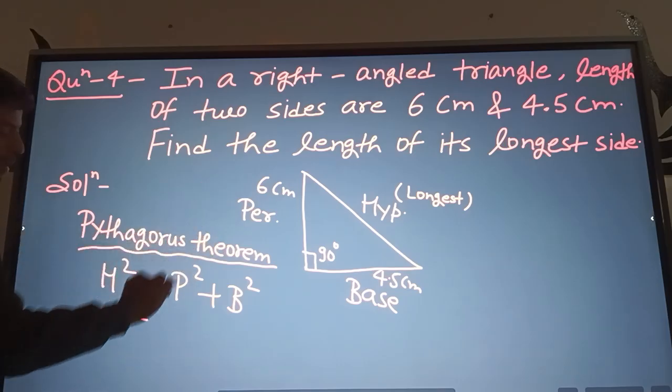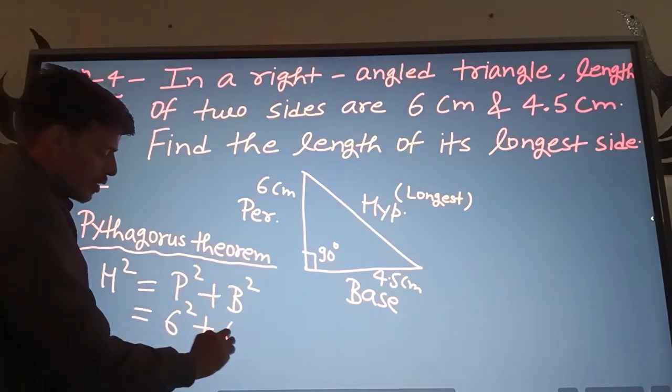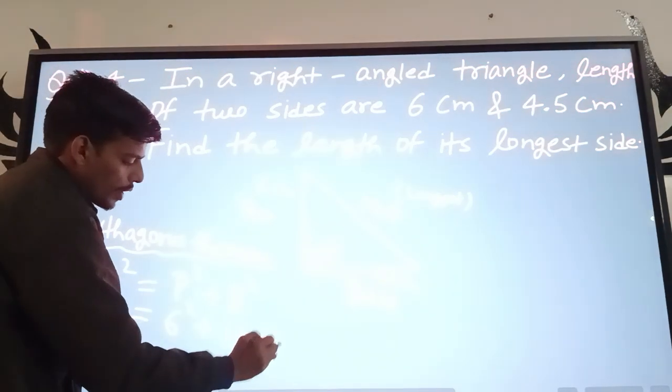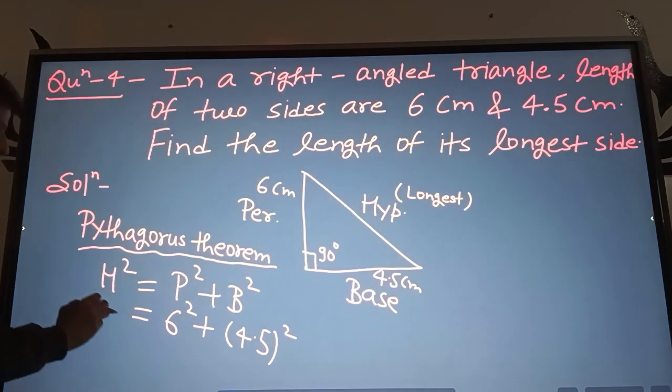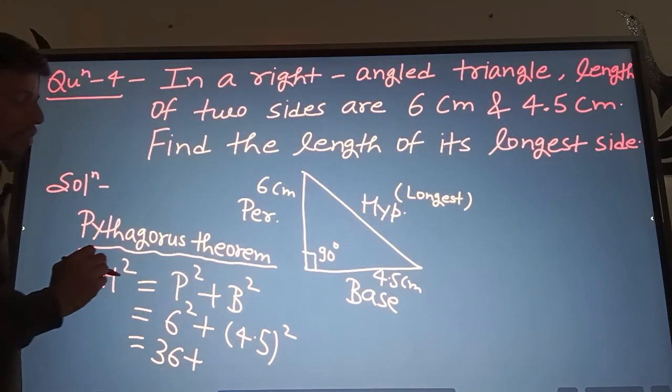Now the value of the perpendicular is 6, so 6 squared plus the base 4.5 squared equals h squared. 6 squared equals 36 plus 4.5 squared.